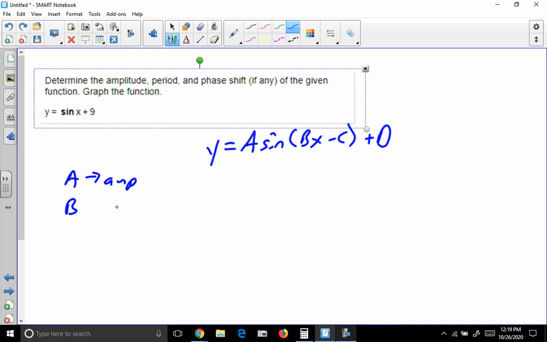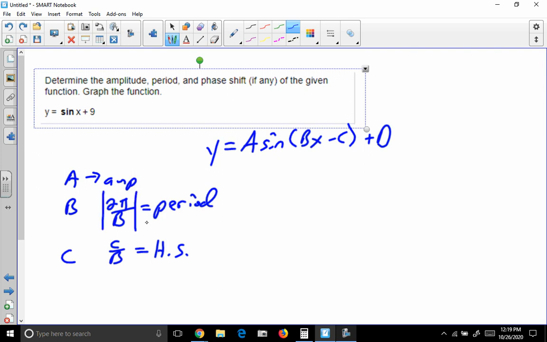B helps us get the period. 2 pi over b is the period. C helps us get the horizontal shift. C over b tells us the horizontal shift.